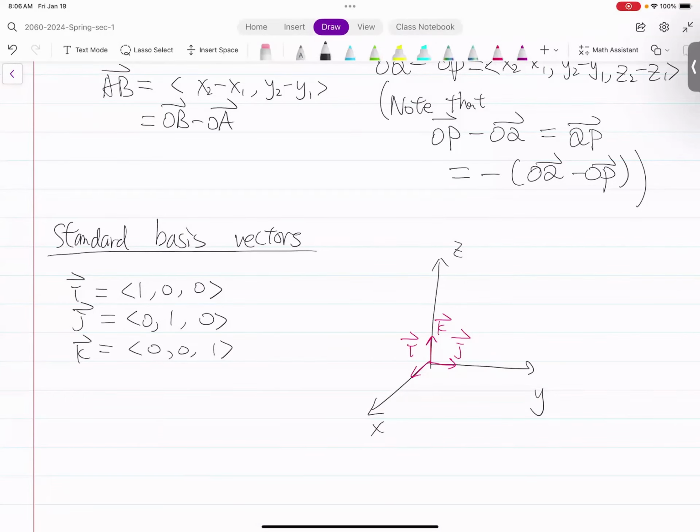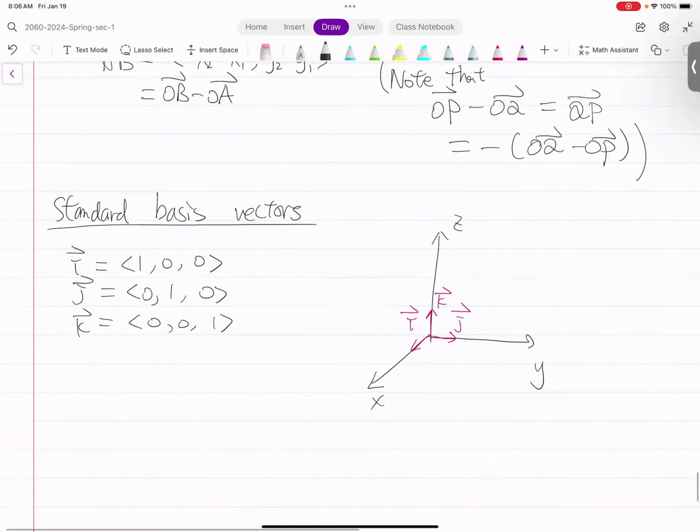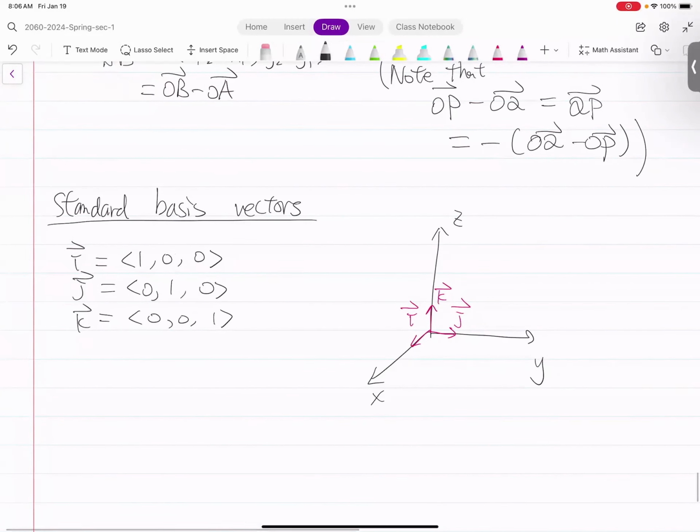That's 3D. Let me also point out that in 2D, it's a little bit simpler because there are only 2 axes. So we only have i, which is (1, 0), and j is (0, 1).